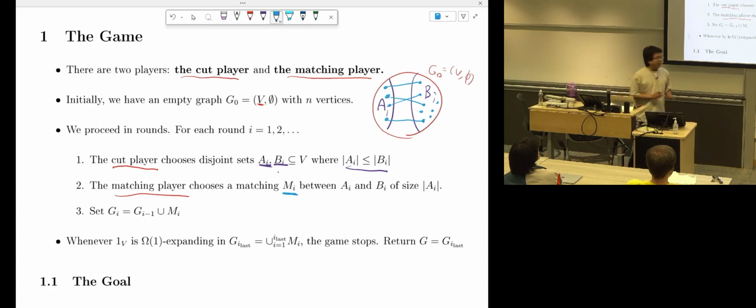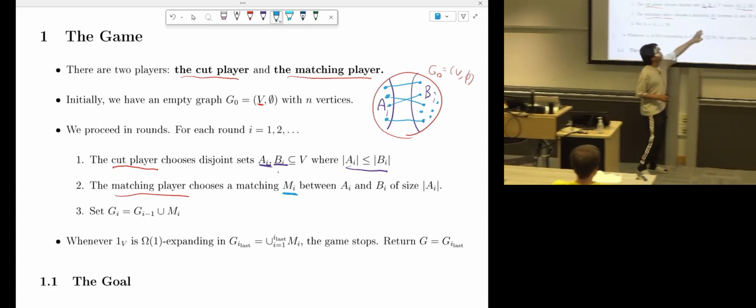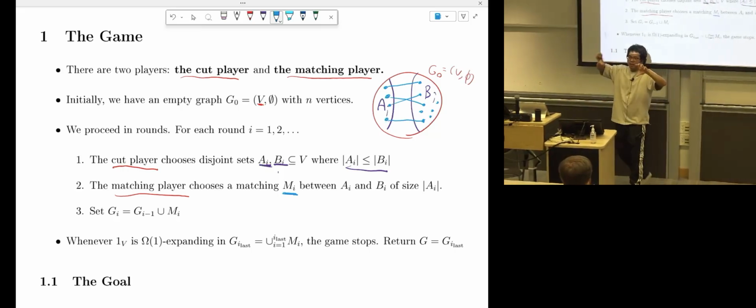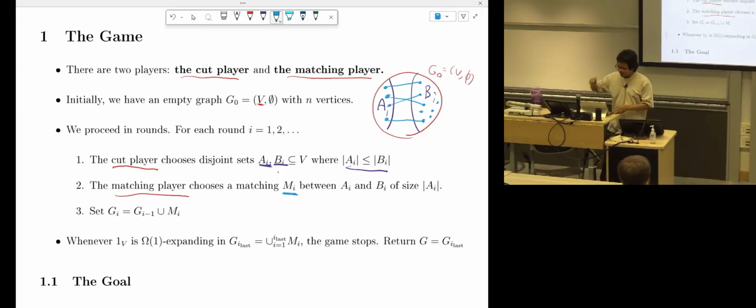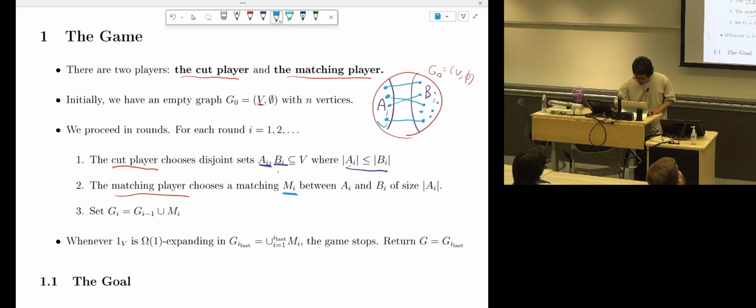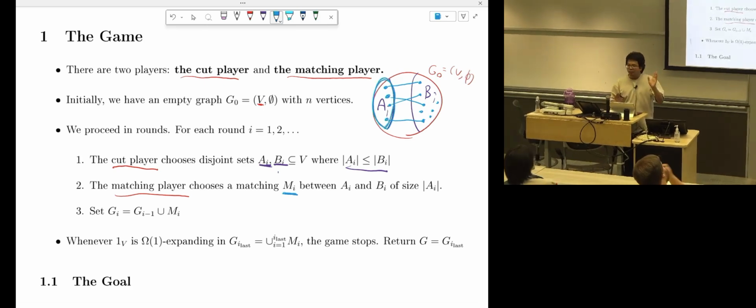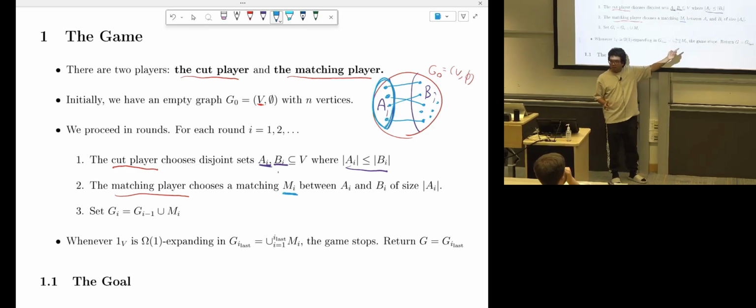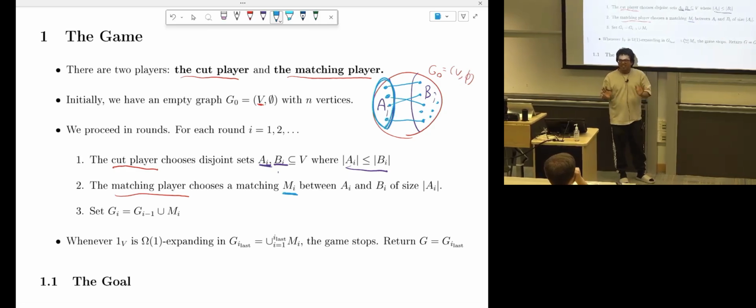Okay. So the cut player doesn't know what choice of M_i will be. The cut player just chooses A_i, B_i, and the matching player will match everything in A_i. And you can match everything in A_i, right? Because A_i is less than B_i. Okay.